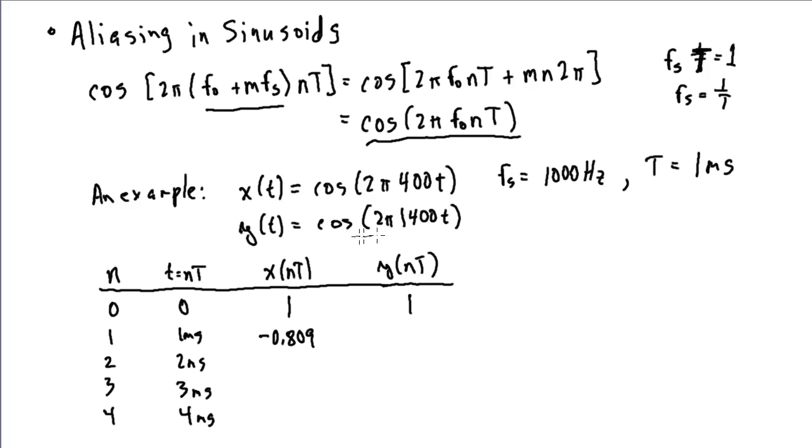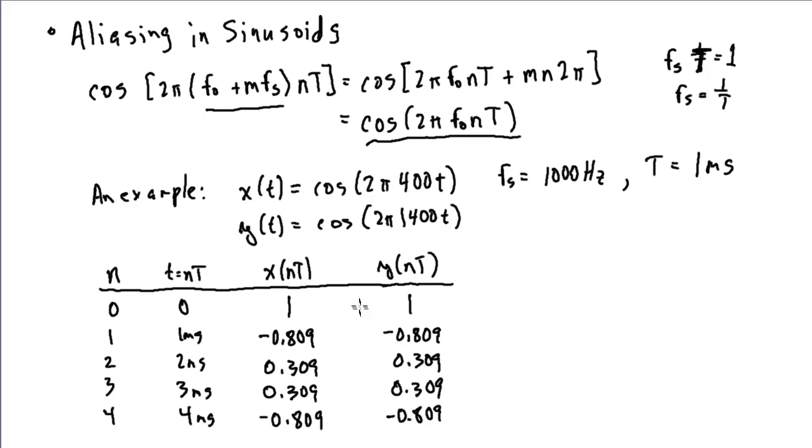If you plug in 1 millisecond for y of t, I get exactly the same value. And the same is true for the other sample values at 2 milliseconds. Both of them give me sample values of 0.309. That appears again at 3 milliseconds, and then at 4 milliseconds, I get negative 0.809.